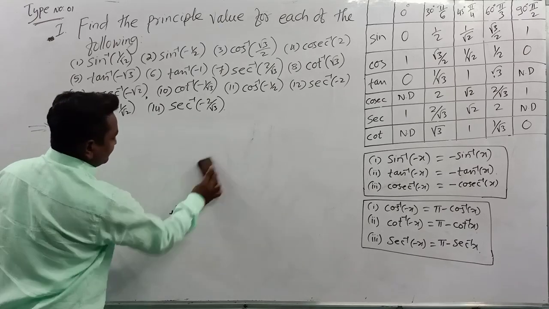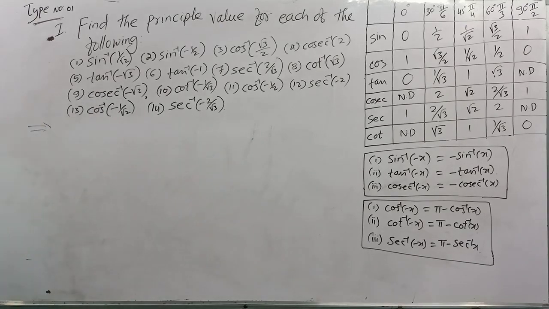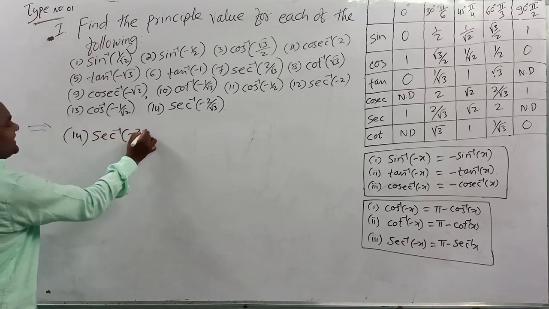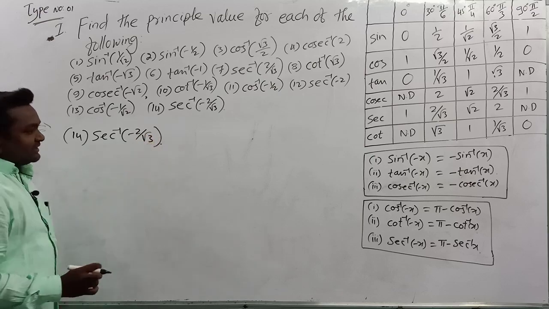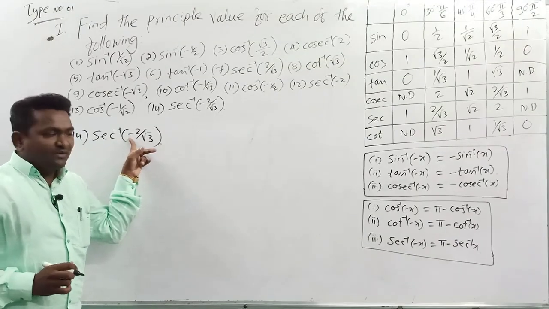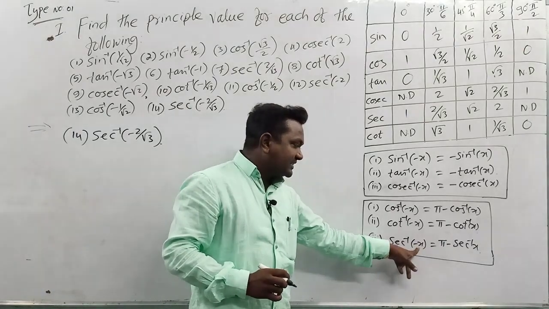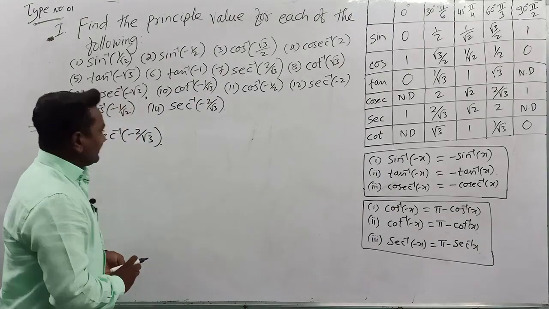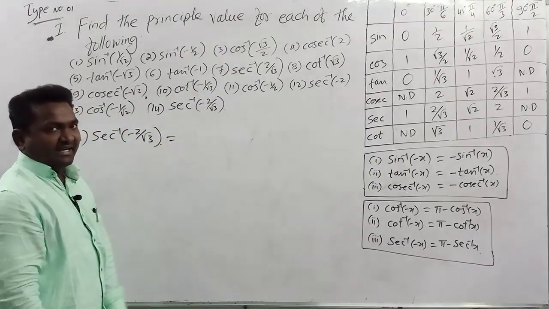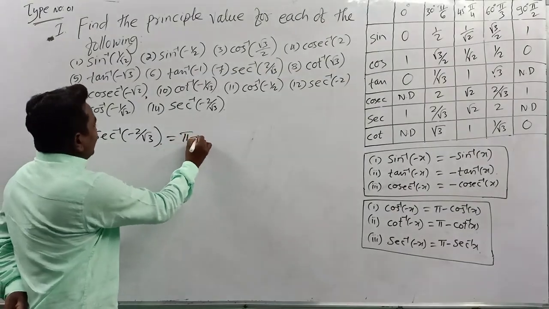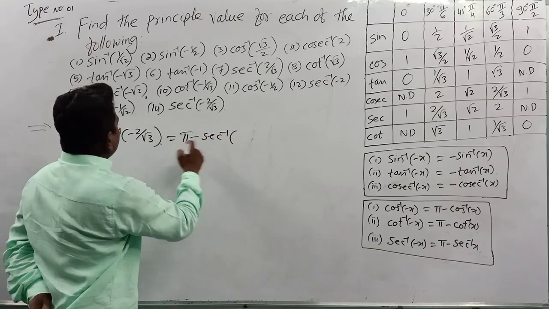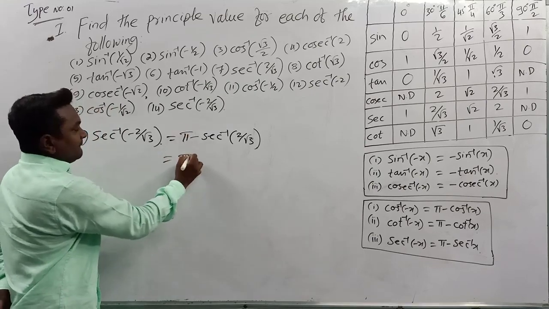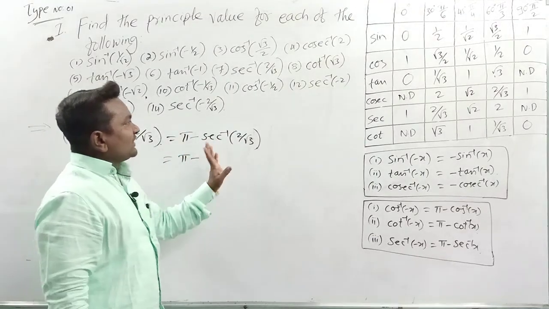Now last one is sec inverse minus 2 by root 3. So we have to cancel out this negative sign, sec inverse minus x equal to what? Pi minus sec inverse x. By using that property here, pi minus sec inverse 2 by root 3. Further simplify, pi minus sec inverse 2 by root 3.